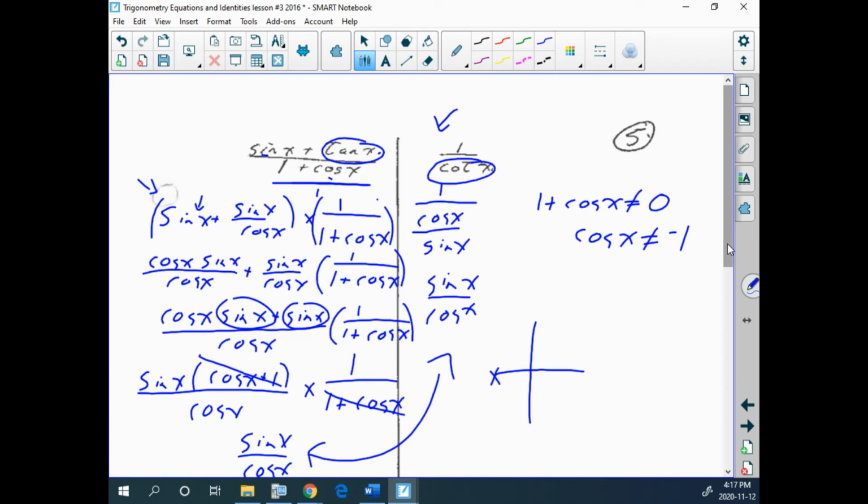Now we also have tangent is undefined. Tangent is always undefined at those two spots. And cotangent is always undefined at those two spots. So what we have here is an angle of 90 degrees between each of these. So our non-permissible values, x cannot equal pi over 2 n, where n is an integer. So every 90 degrees, we have a non-permissible value for this identity.